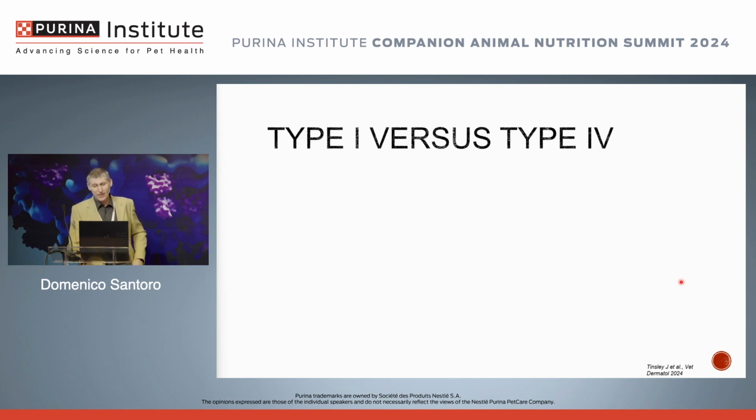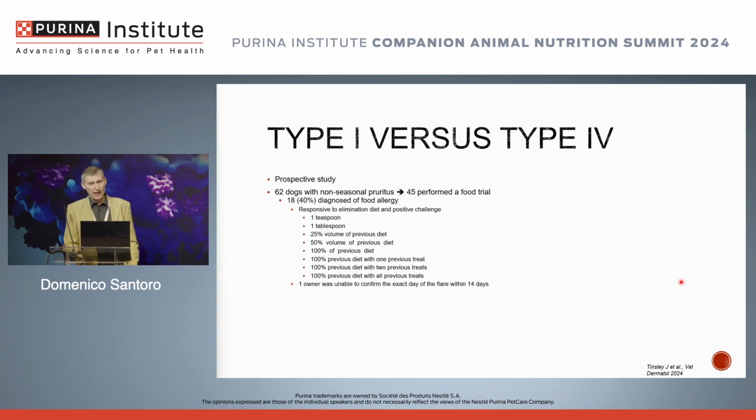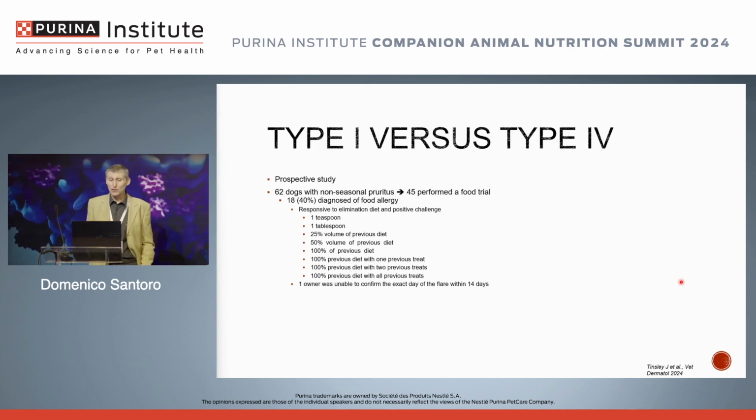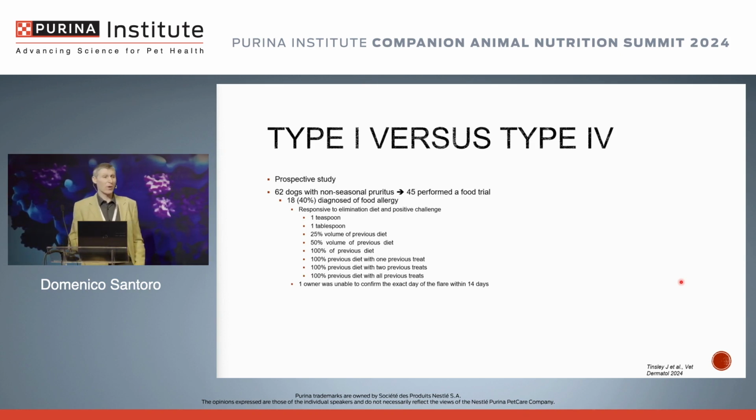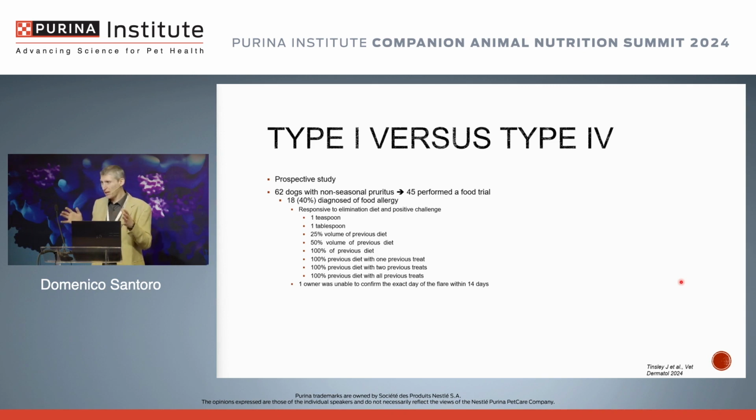So another study, very recently published, used an amino acid-based diet. They enrolled 62 dogs by dermatologists, and 40% of the dogs were diagnosed with food allergy. It was the same scheme, trying to figure out how quickly these dogs were relapsing or flaring, with only one difference: now we are controlling the amount of food we are giving them.